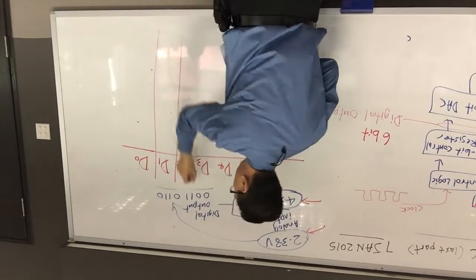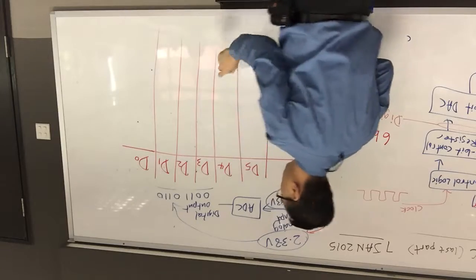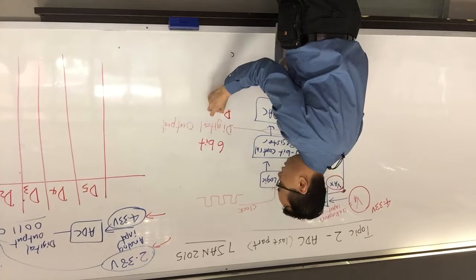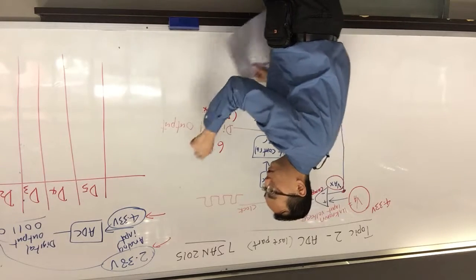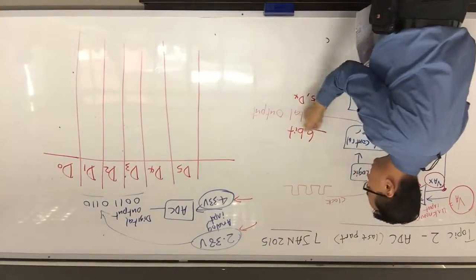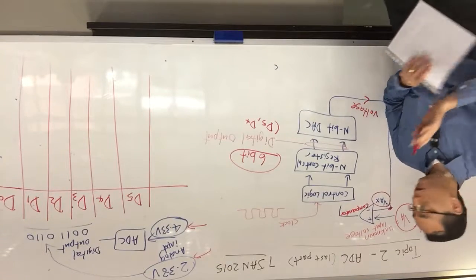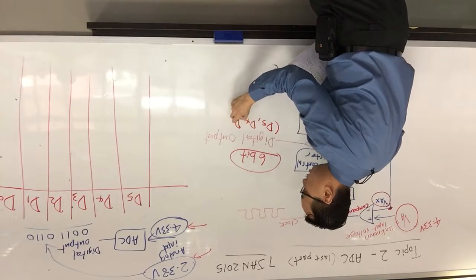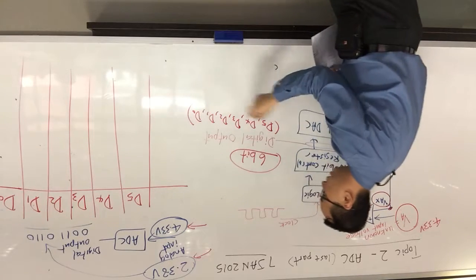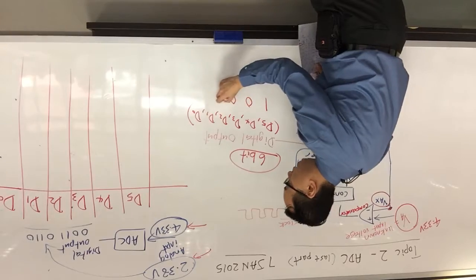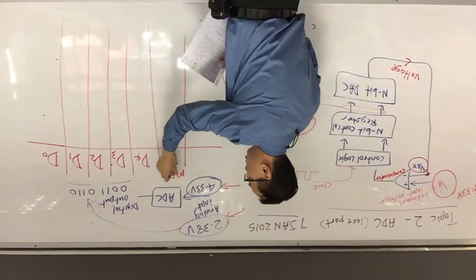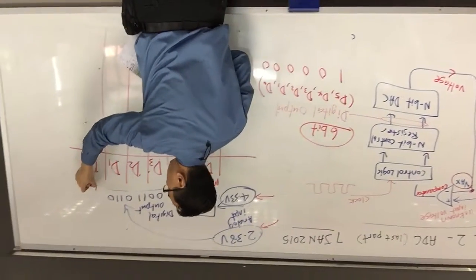I say it's a 6-bit system, so it's something like a binary bit. This one is the MSB, the most significant bit, and this one is the least significant bit.